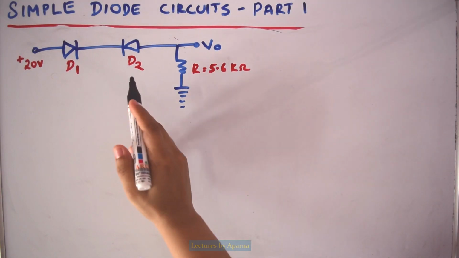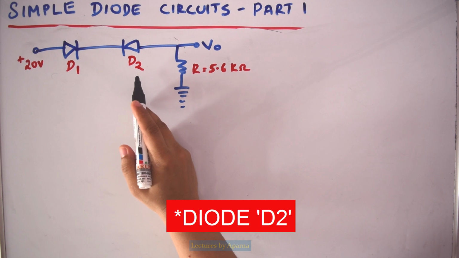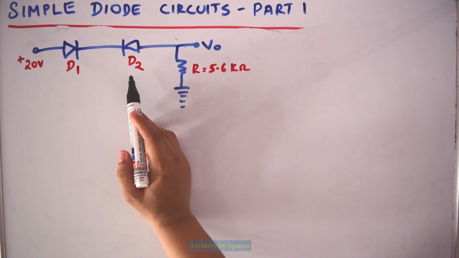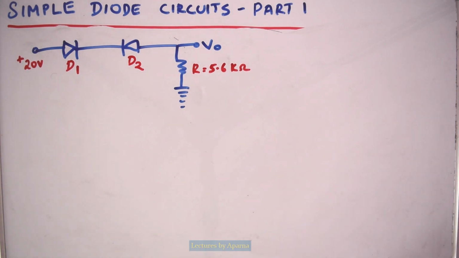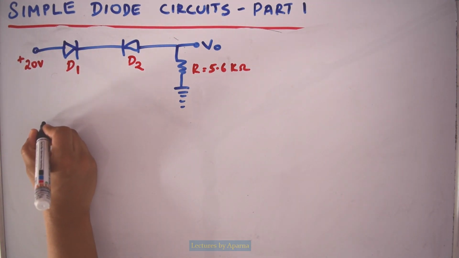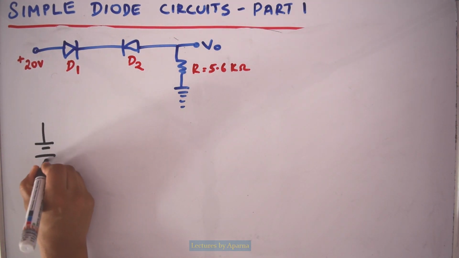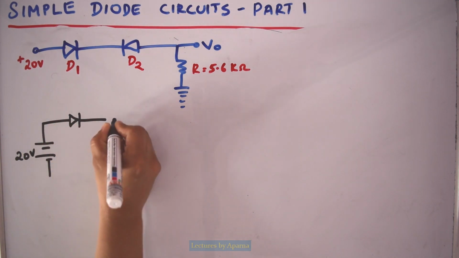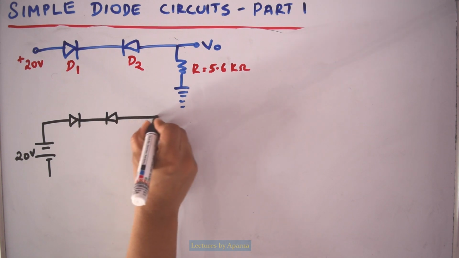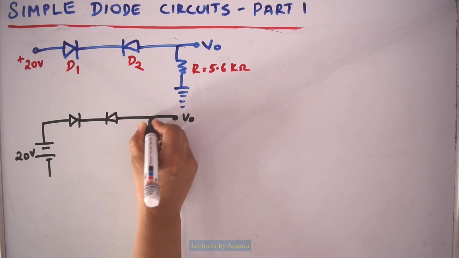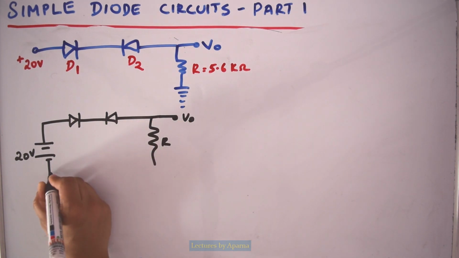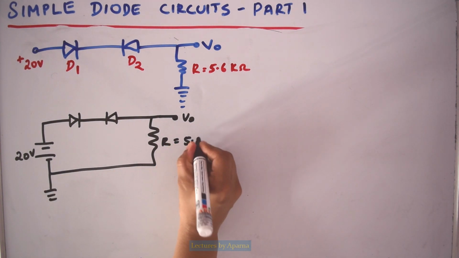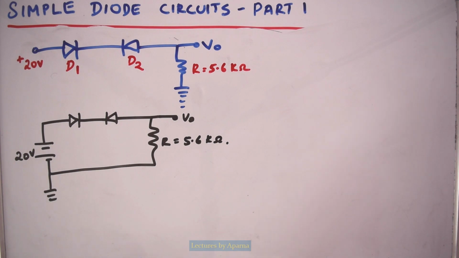The diode D1 in this circuit is placed in the opposite direction to that of the previous circuit. So this circuit can be redrawn with the 20 volt supply, diode D1, D2, output voltage V0, and the resistance R connected to the ground, with value 5.6 kilo ohm.